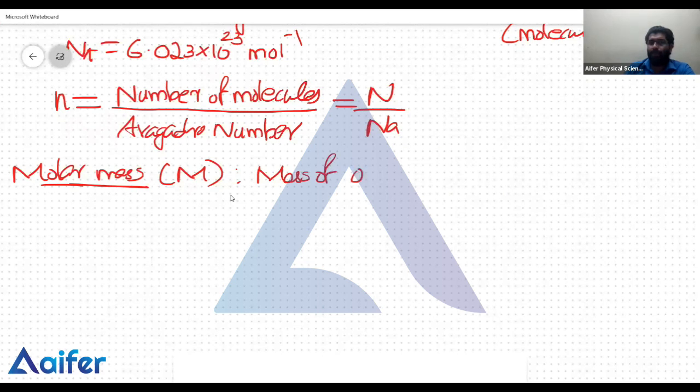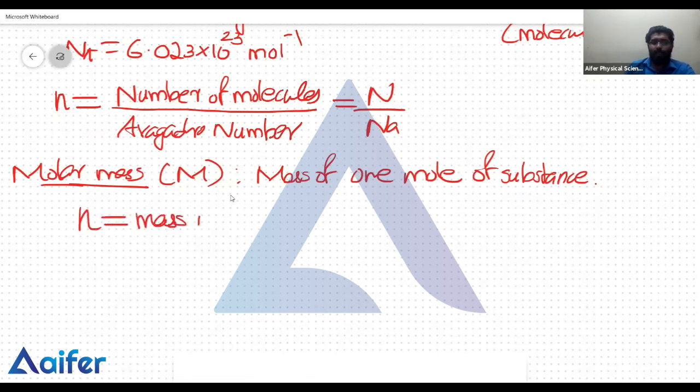Then n can be written as mass of the given molecule in gram or given atom in gram divided by molar mass. Divided by molar mass.